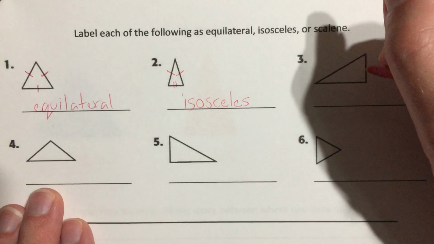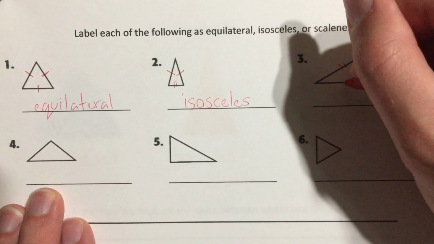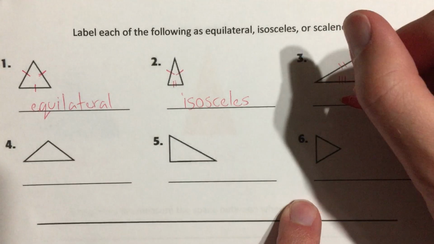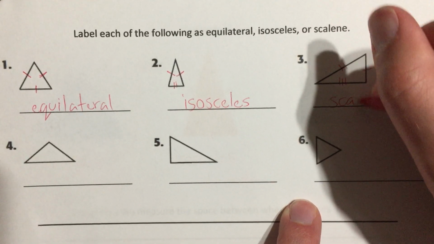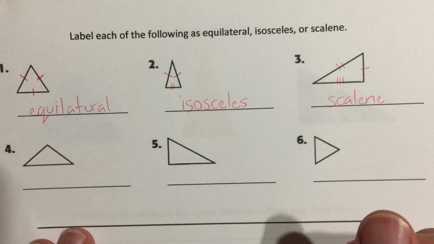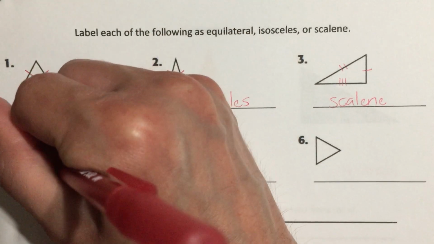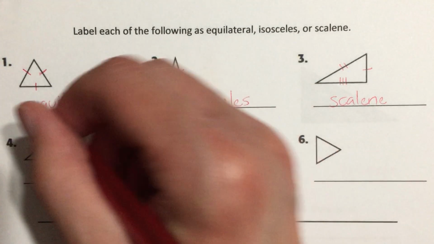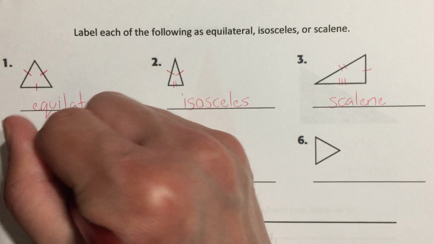Number 3, doesn't look like any of these are the same length, which tells me that one is our 3rd type, a scalene triangle. Number 4, looks like that one and that one are the same length, and that one down there is a little bit longer. 2 sides are the same, tells me it is again an isosceles.